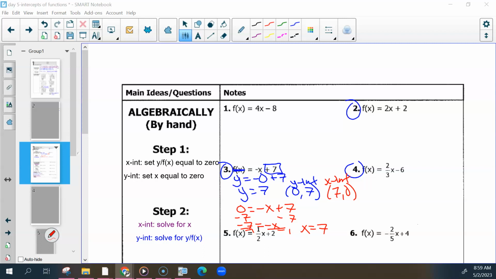Your y-intercept, if you look at the last number, that's going to tell you what your y-intercept is. How would you write that as an ordered pair? It would be 0, 2.